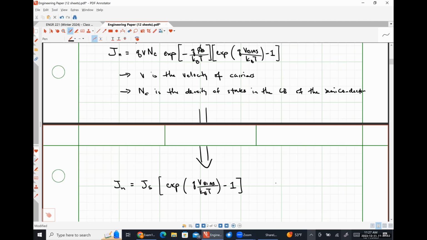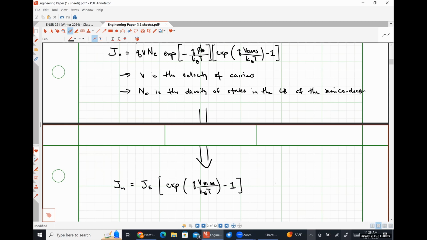For this metal semiconductor junction, it's the density of states and how quickly we can make the electrons move, again, multiplied by the probability of overcoming the Schottky barrier potential phi B. But generally speaking, a rectifying metal semiconductor junction behaves exactly like a PN junction does.